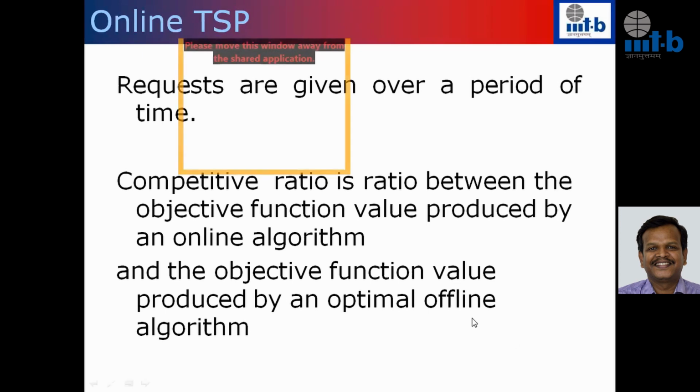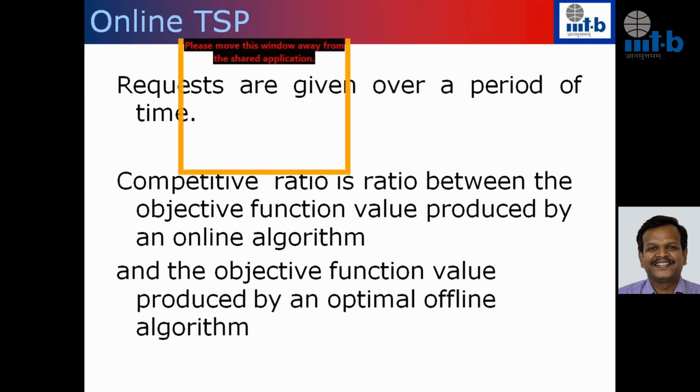I would like to emphasize here that the optimum offline algorithm will know everything about the instance, all the points where the requests have to be done, well in advance, right? The way it happens in real life is that you have this algorithm running throughout the day. So your online algorithm has to adapt and give the solution as and when the request comes. But at the end of the day, you know all the requests that have come on a particular day.